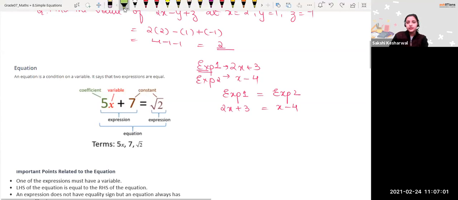This side of an expression is called the left hand side, and this side of the expression is called what? Right hand side. This is called LHS, that is left hand side, and RHS, which is called right hand side, right?